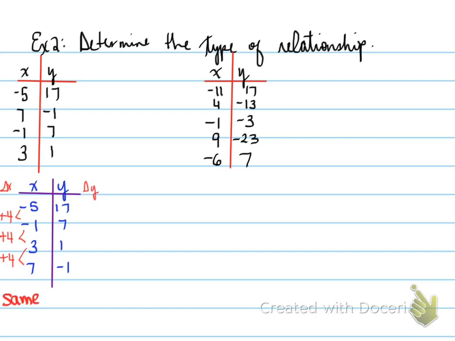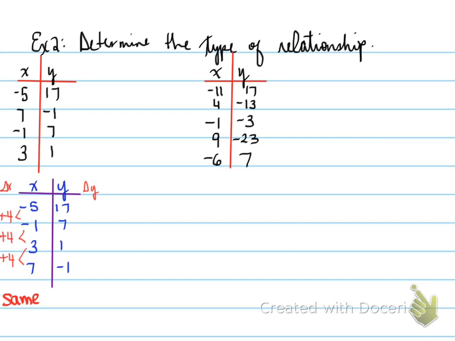So, because these numbers are all the same, it gives us permission to go on to delta y. We do not have permission if these were different. So that's why you have to put them in order. You put them in order, it gives us permission, because they're all the same, to now do delta y.